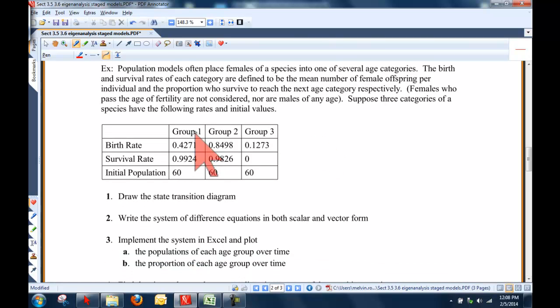Let's suppose we're going to divide the females into 3 groups, and you'll see this is a stage model in the sense that females are born into group 1, the youngest age, then they move to group 2, then they move to group 3, then they move out of group 3, then they're past reproduction capability, and so we no longer track them. They may have died, they may be still alive, but they're not interesting in terms of the population model anymore.